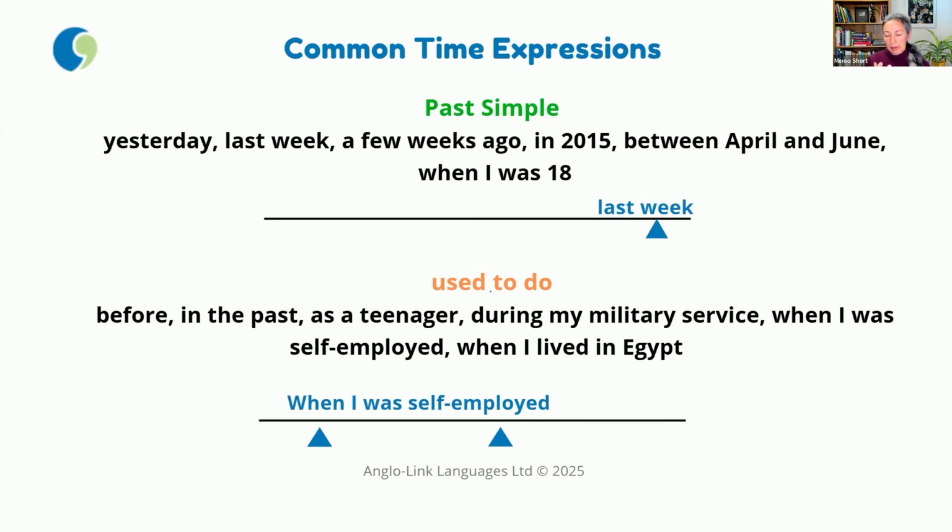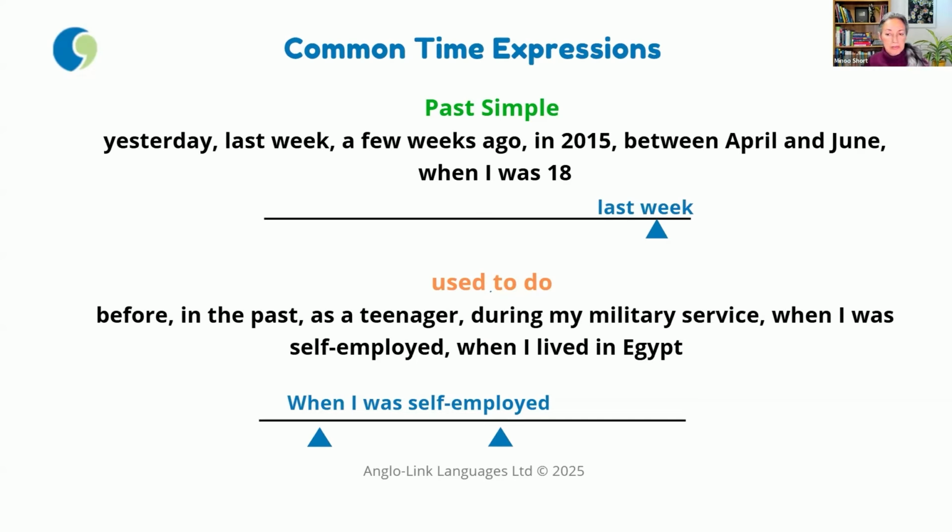Now, with the idea of used to do, our time references are more vague or longer. For example, before, right, means it's finished. In the past, just meaning it's finished now. As a teenager, now we have a longer period of something habitual, a fact for a longer period of your life.